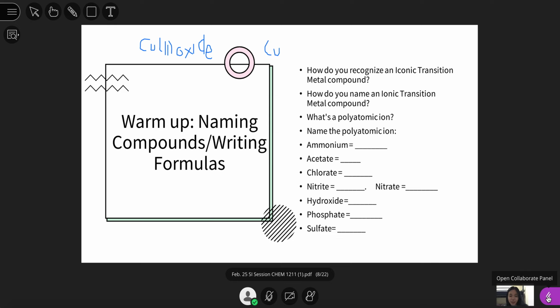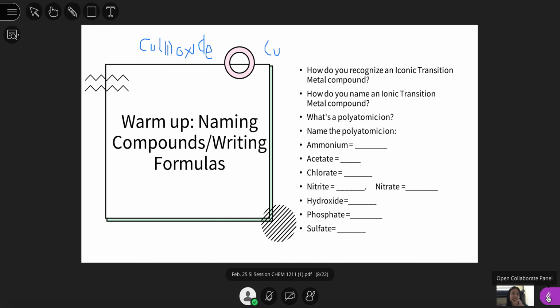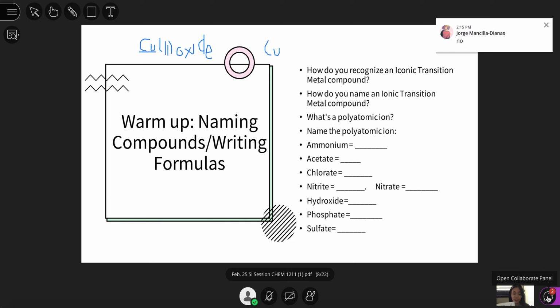Does anyone know? Charge of the metal. Yes, kind of. Because when you look on the periodic table, does it show you what charges go with transition metals? Yes or no? No, exactly.